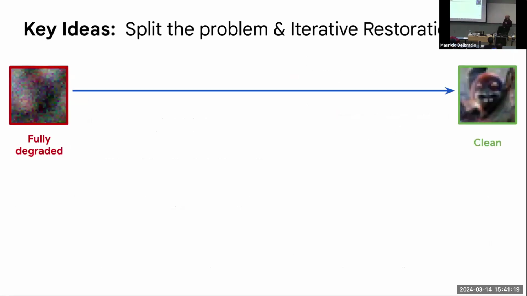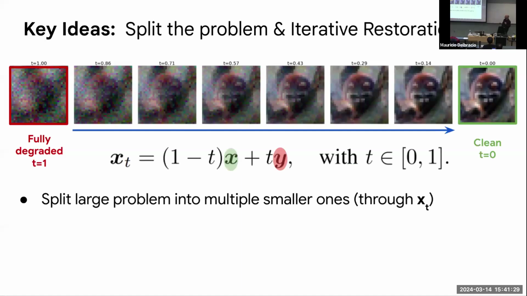All right, so what is the key idea? The key idea is to split the problem. Instead of going directly from the fully degraded space to the clean space in one step, we're going to try to do this in multiple steps. How can we split this problem? What we do is the following.